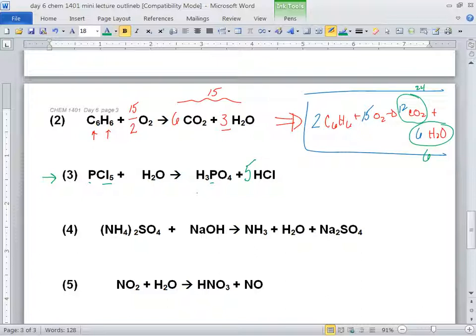I've got 8 hydrogens on this side, so I need 8 hydrogens over here. Put a 4 there. 4 times 2 is 8. Now I have 4 oxygens on both sides. It's done.